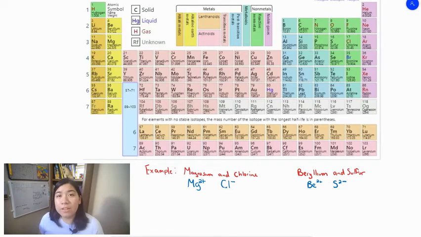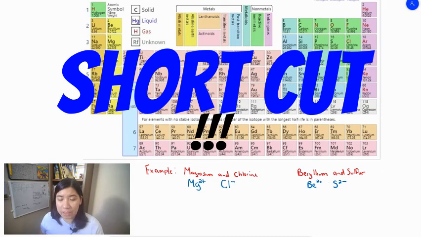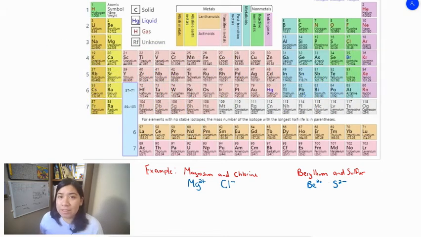Now let me go ahead and show you a shortcut for writing these formulas. Although there is a shortcut, you need to be very careful with one mistake that can happen, and I will show you. So in the shortcut, just like you did previously, you're going to go ahead and write the symbol, and you're going to go ahead and write the charge. Now what you do is circle the charge, so a 2, and that's going to become the subscript of your anion.